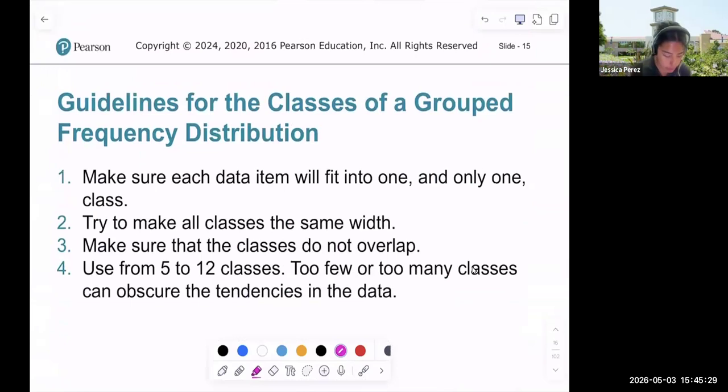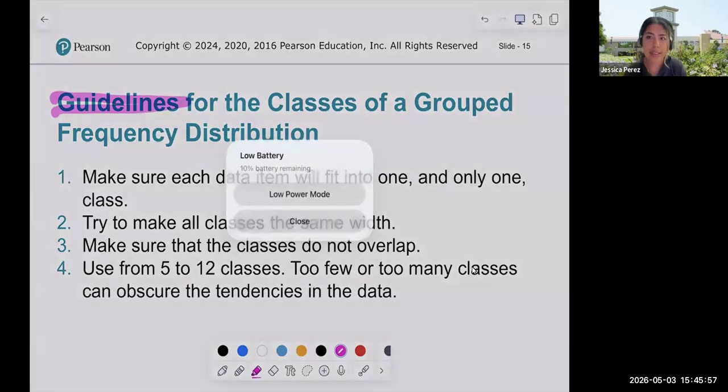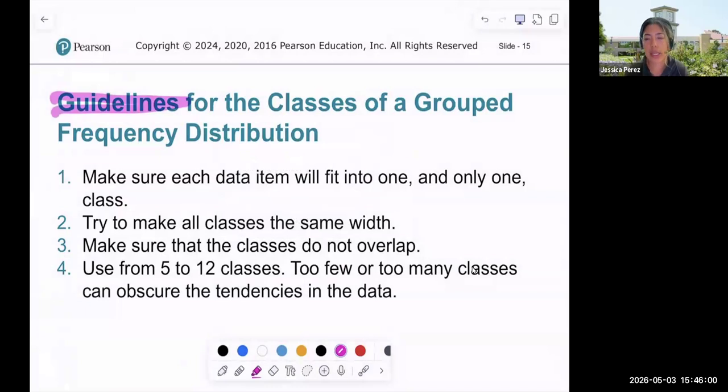There are particular guidelines that we need to follow when we're doing a grouped frequency distribution. First, we need to make sure that each item fits into one of the classes. Only one. You can't be in one class and then in another. We try to make all classes the same width. So if I'm looking at a class width of 5, it's going to be 1 through 5, and then 6 to 10.